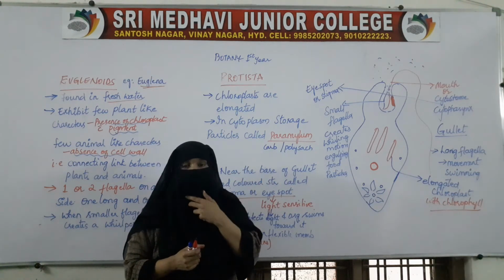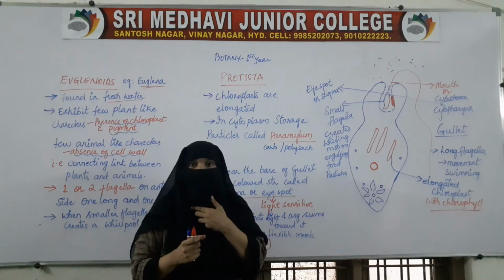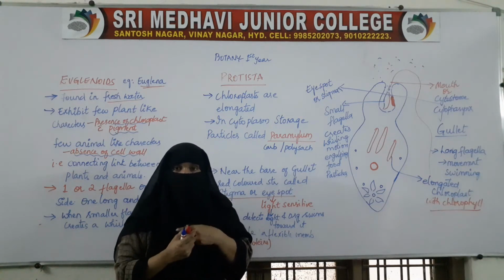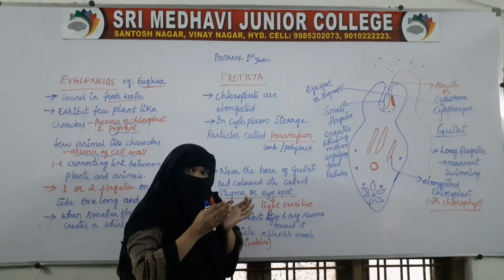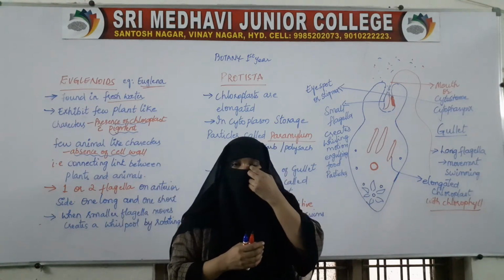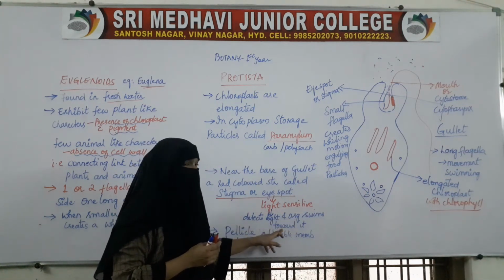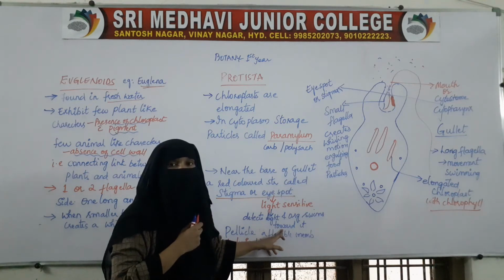It detects the light and from which direction the light is coming. When it detects the light, the Euglena will move in that direction. Organisms move or swim towards the light.